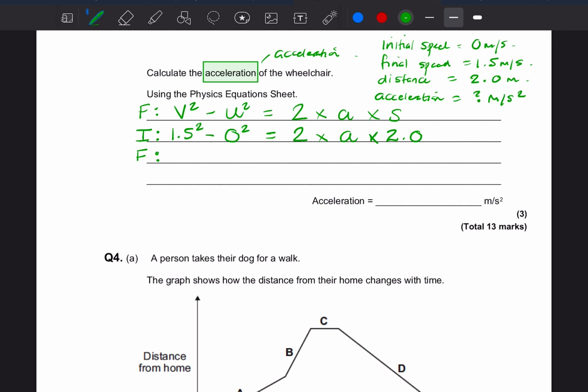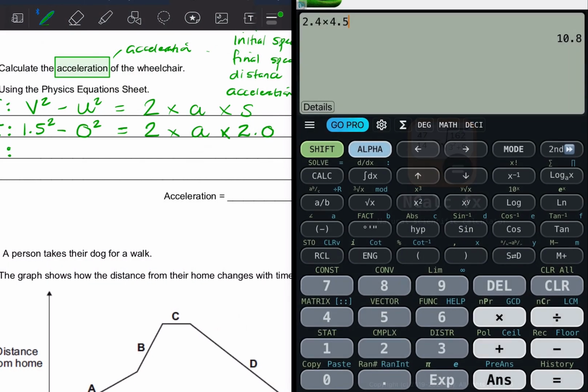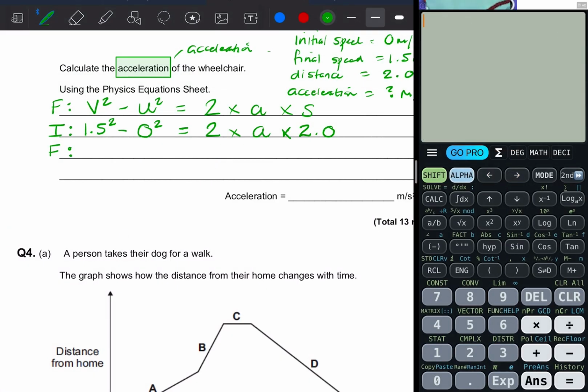The first thing I'm going to do before I start to rearrange it, because what I need to do is make that a the subject, is just do what I can do already. So 1.5 squared, I can do that already if I grab my calculator, because people always forget to square.